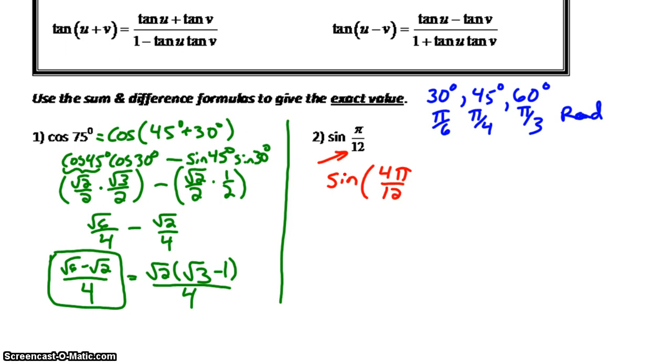Now if I have 4 pi over 12 and I need 1 pi over 12, I need to subtract from it a 3 pi over 12. So you'll see that the 4 and the 3 will divide very nicely into 12, giving me the following. Sine of pi over 3, and then we also have our pi over 4.